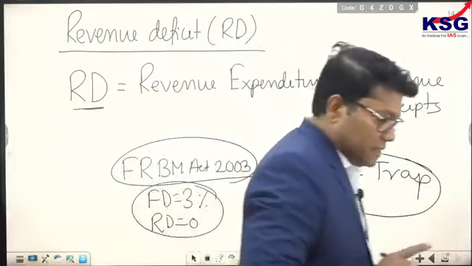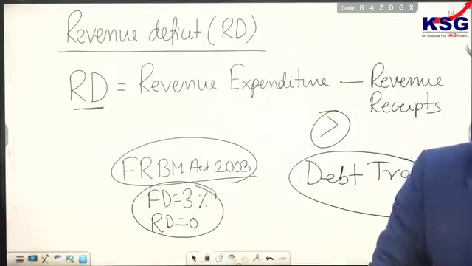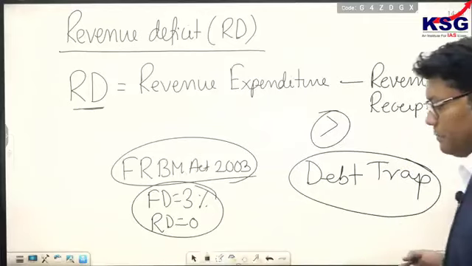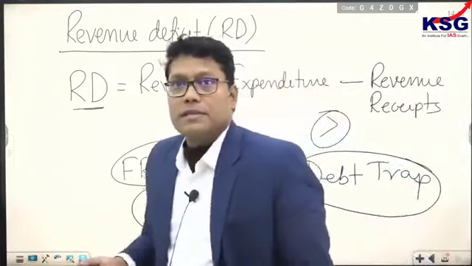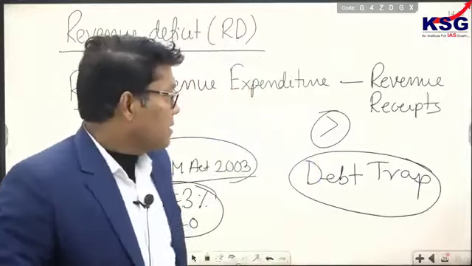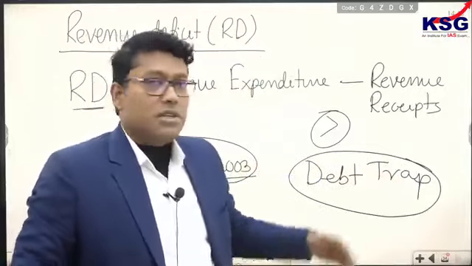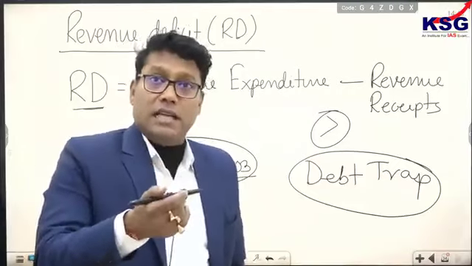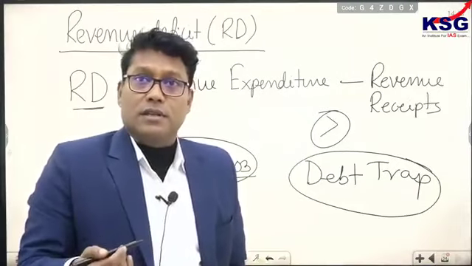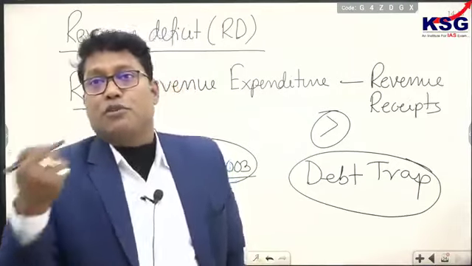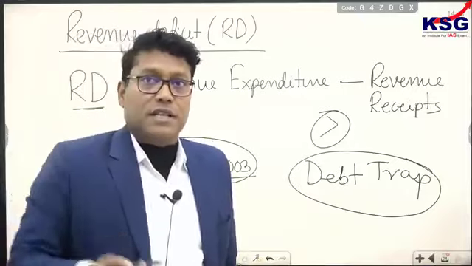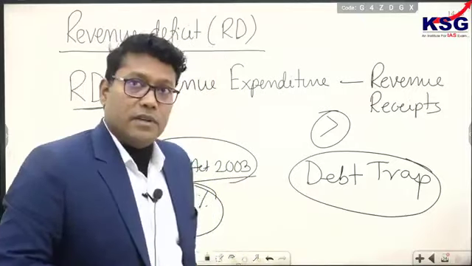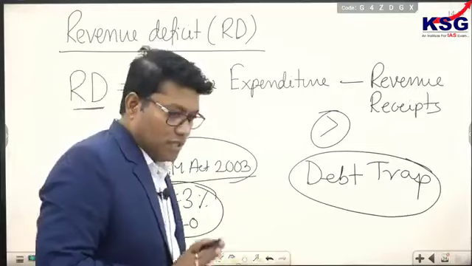I am writing 'may', there is a reason behind it. It may or may not, depending on the other borrowings, but generally there is a possibility that it may go to a debt trap. Clear? It means you are going to pay amounts from borrowings. So your debt you are going to pay from your borrowings, so it keeps accumulating and you are going to face the debt trap. Clear? So this point is clear to all of you.